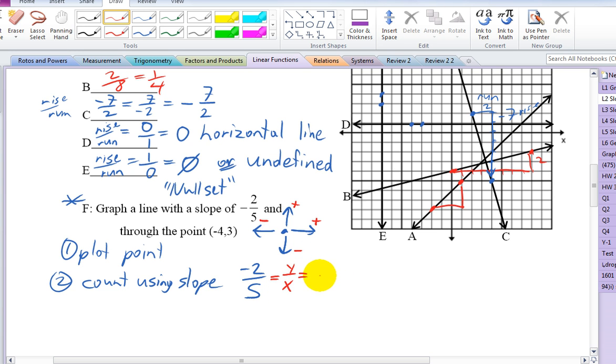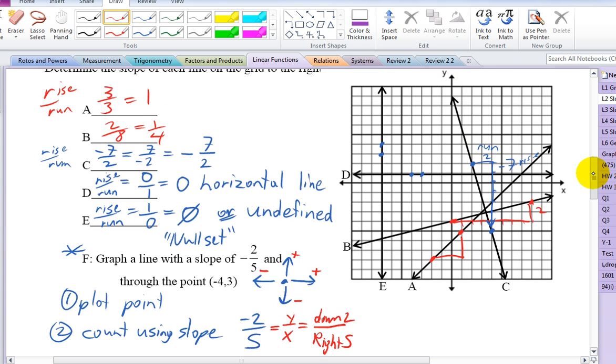And so the negative 2 tells you to count which direction, up or down? Negative 2, down 2. And what about a positive 5 value for your run? Should you go right or left? Well, rights are positive, so you should go right 5.